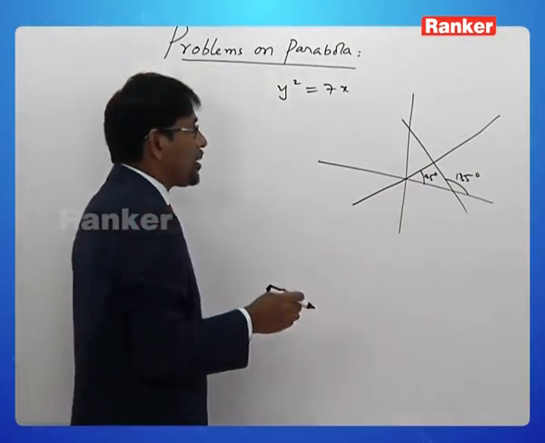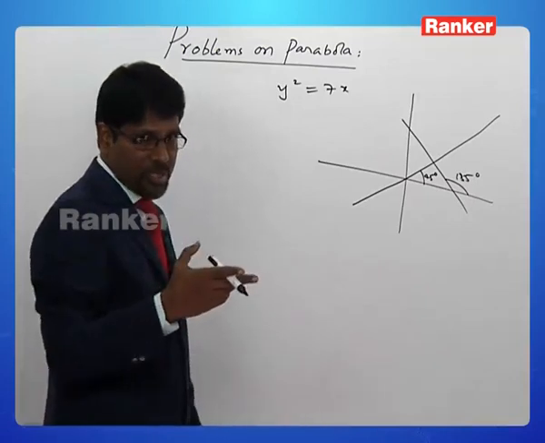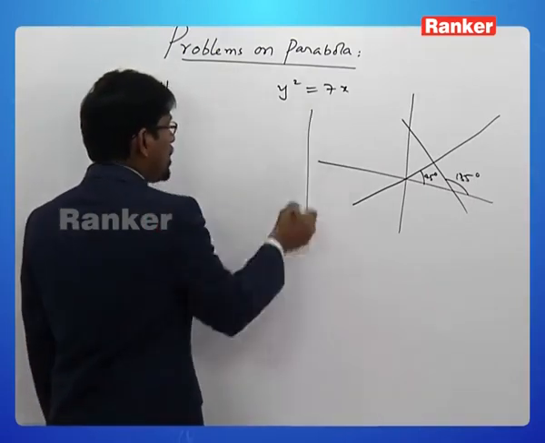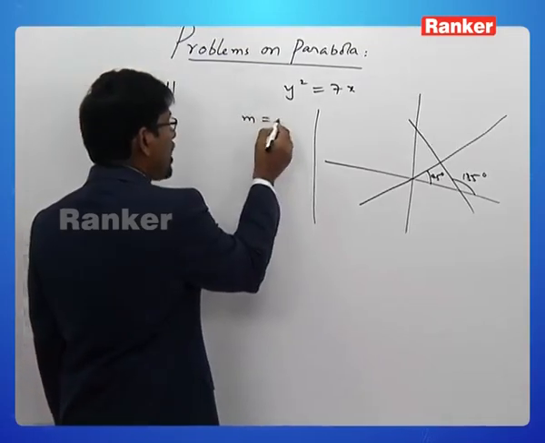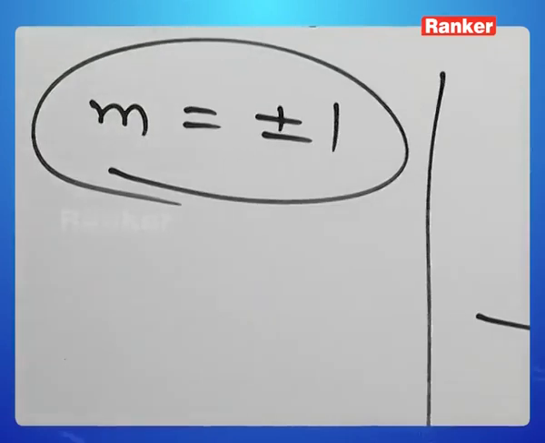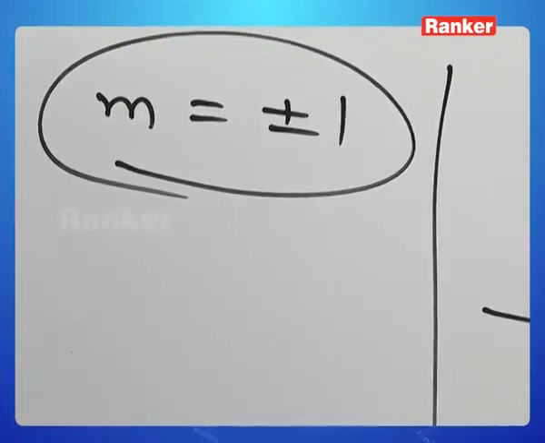Which means that it actually makes equal intercepts. Now that means the slope has to be +1 or -1. Slope of the tangent has to be +1 or -1.